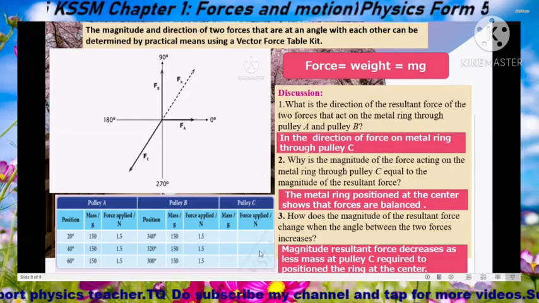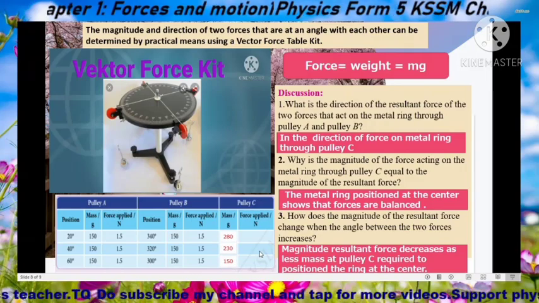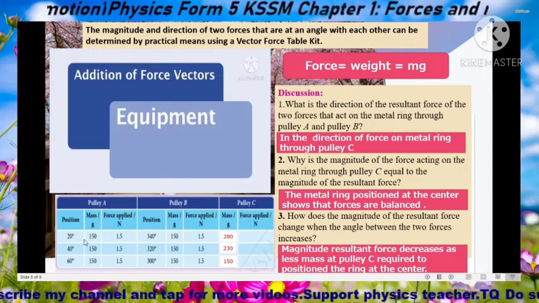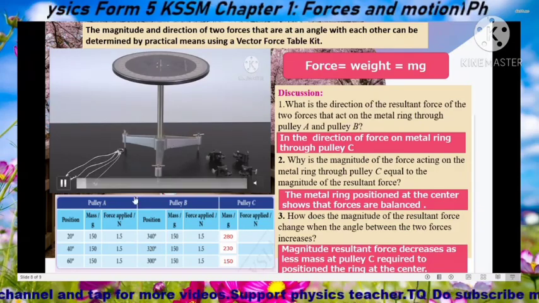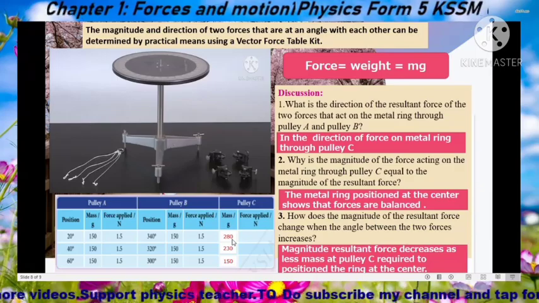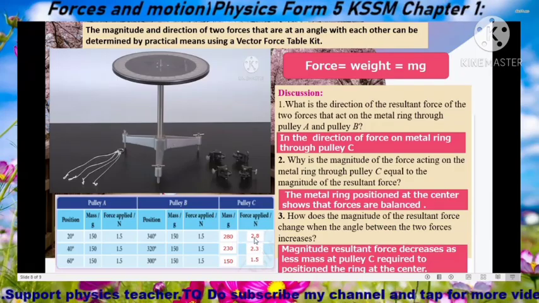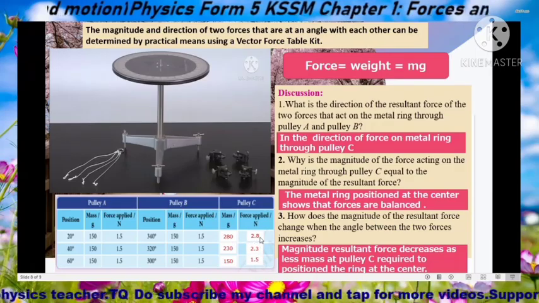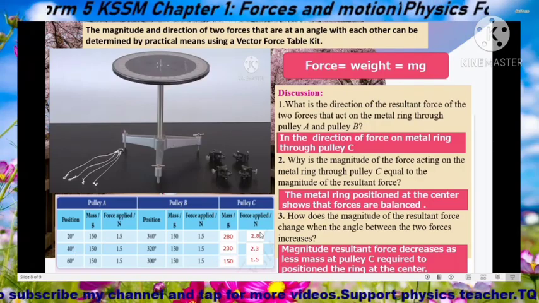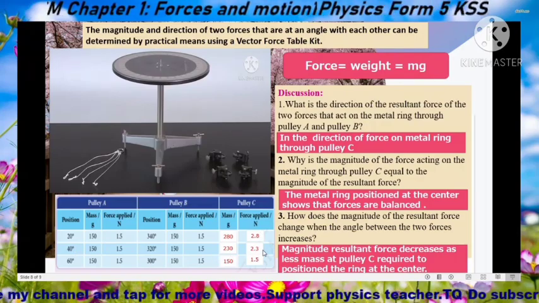For example, we have this sample of answers. For the first one, 20 degrees position for A and 340 degrees position for B, we get mass 280 gram, so the force applied equals 2.8 Newton. Next one, we get 230 gram, so the force applied is 2.3 Newton.